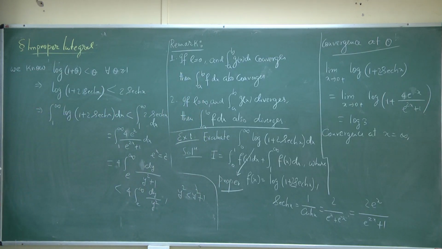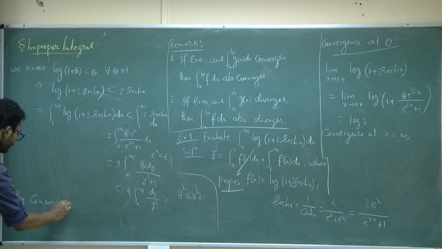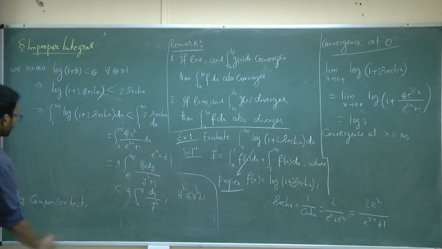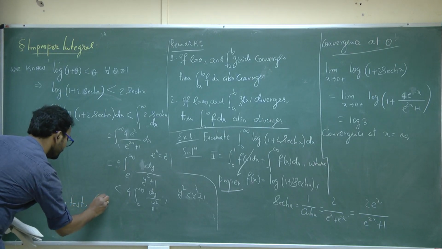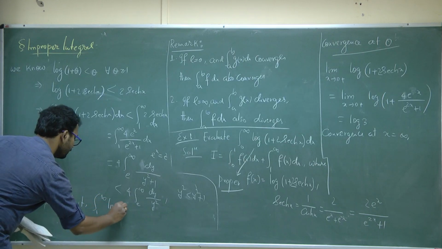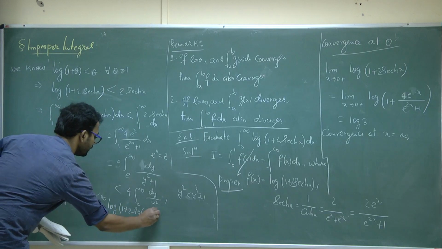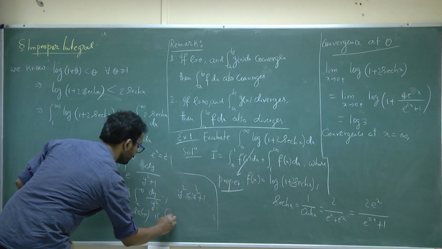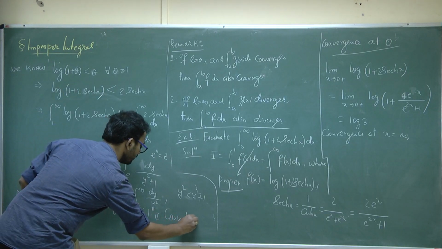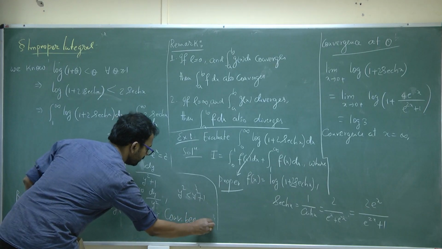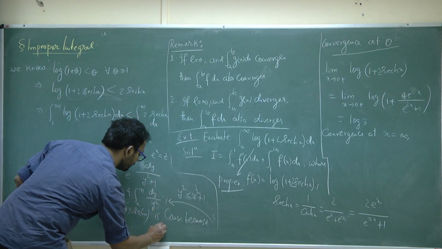the given improper integral, by comparison test, integral from 1 to infinity log of 1 plus 2 sech x is convergent, because, make sure you write this, because this integral is convergent.